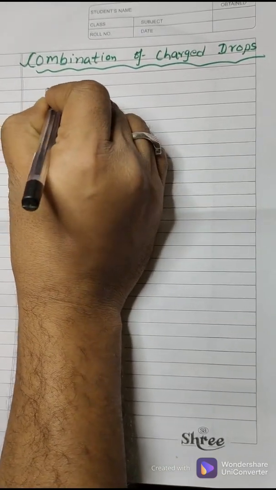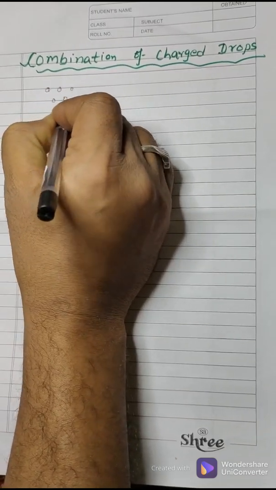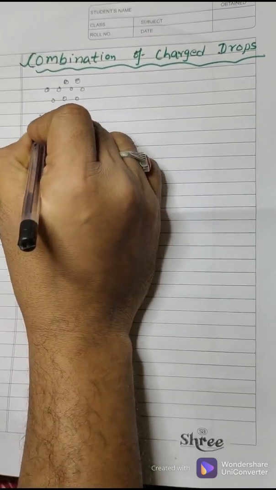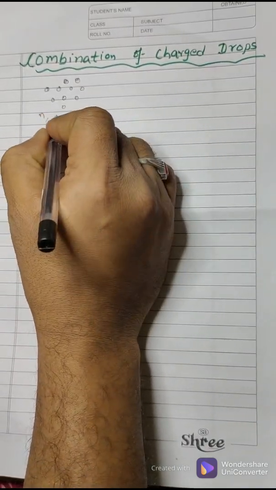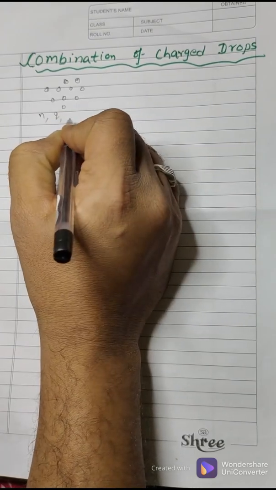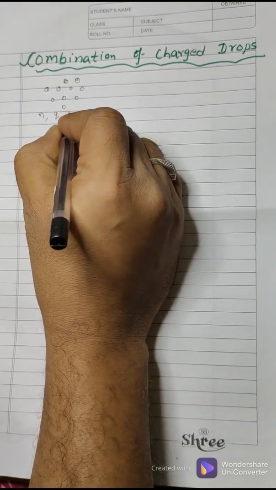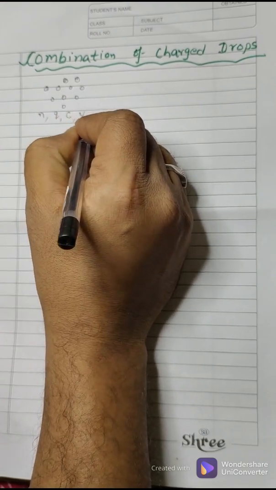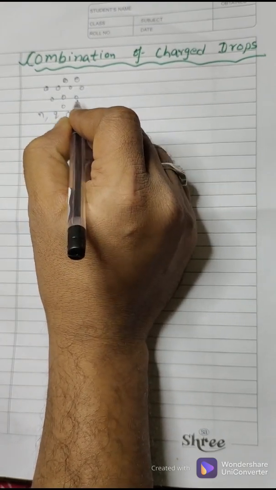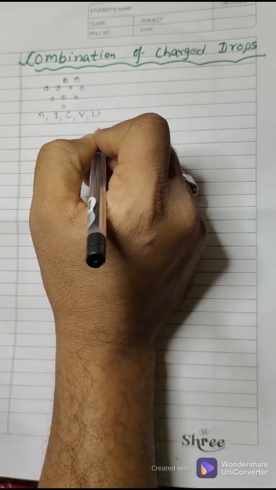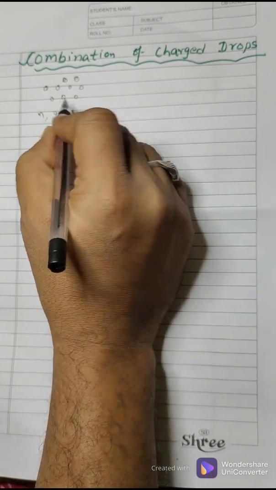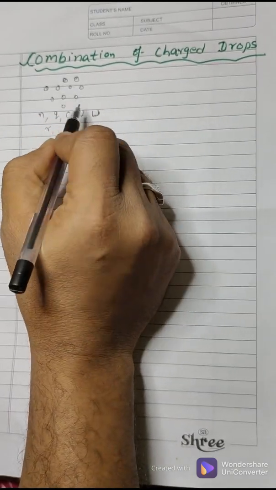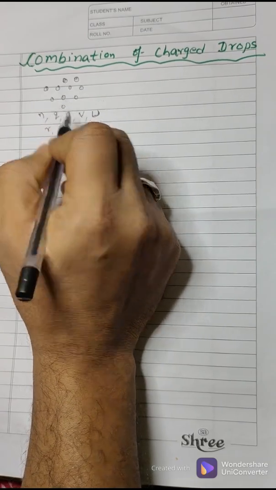Suppose these are the n number of charged drops, each of charge small q and capacitance C. Each drop has a potential V, potential energy small u, and radius small r. So these are the parameters for a single smaller drop.